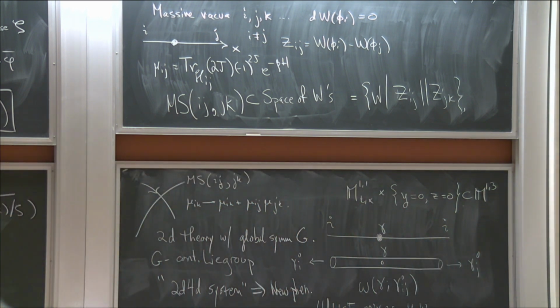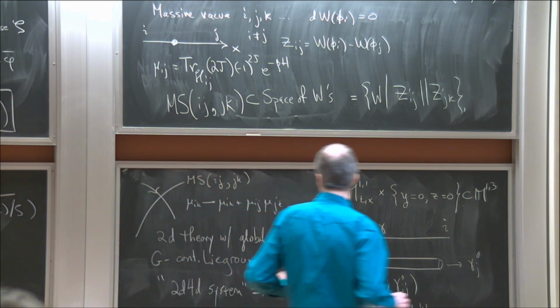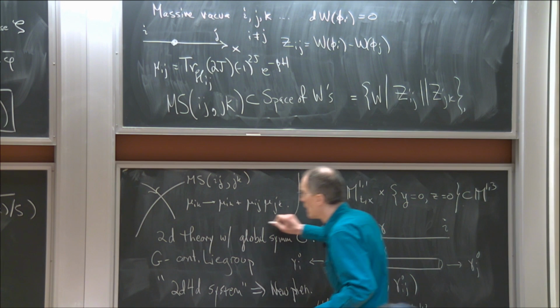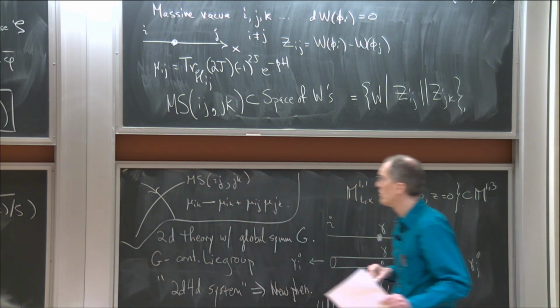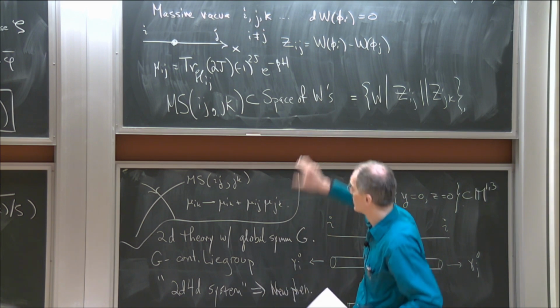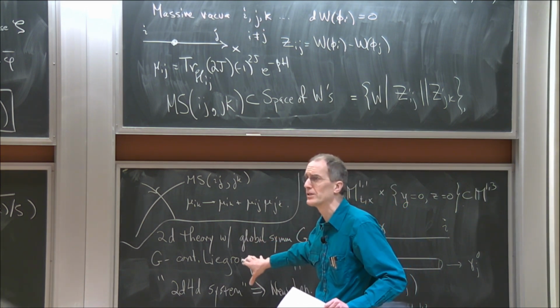And now the other thing you can do with surface defects is you can, of course, have defects within defects. Yep. In the top board, is the problem purely in 2 dimensions? In the top board, I am working purely in 2 dimensions. Until this point, I've been working in 2 dimensions. And now, that was just to get you warmed up, to couple it to a 4-dimensional theory.